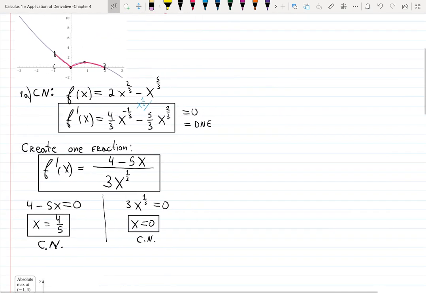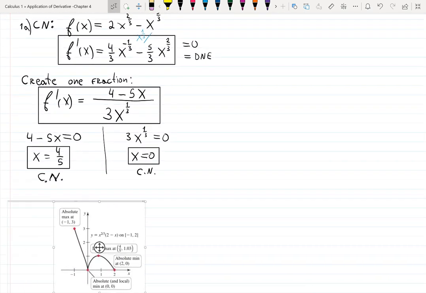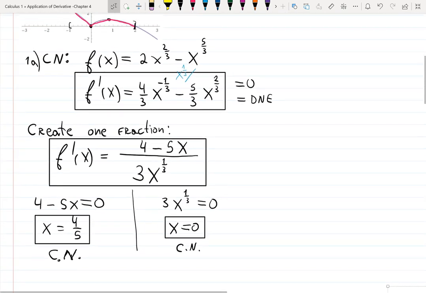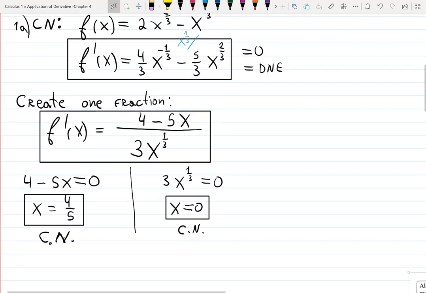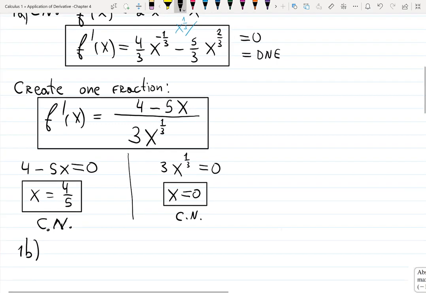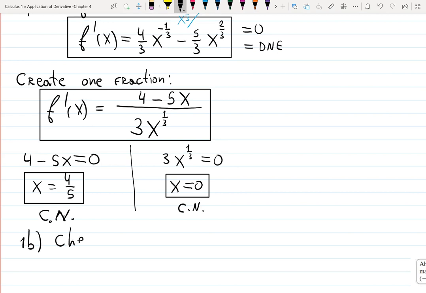Here they are. Now, I want you to check step 1b. 1b says, make sure you don't have extras. So I need to check the domain. The domain is coming from that interval we have, -1 and 2. And also maybe your original function is restricted in a domain. Maybe some x cannot be 0 or something like that.